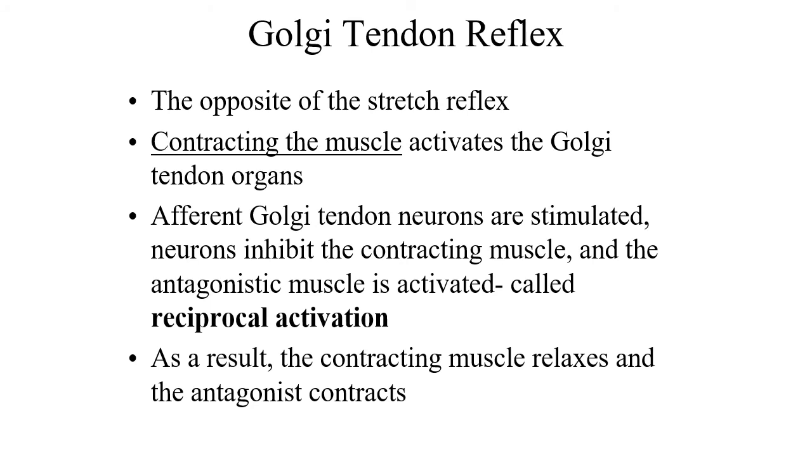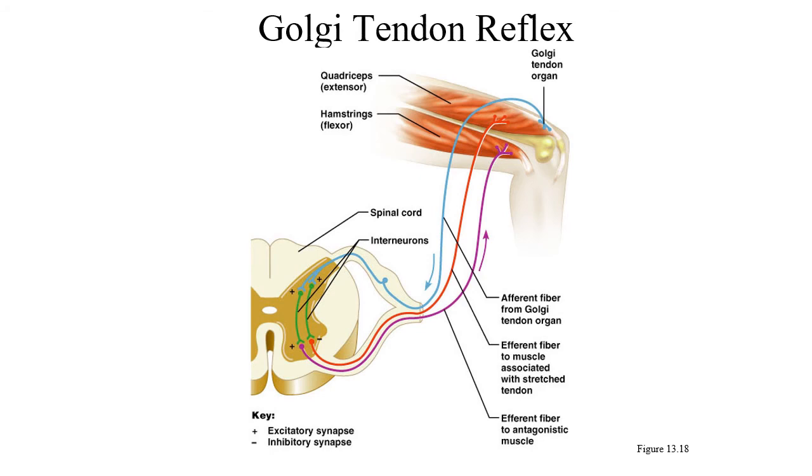So this Golgi tendon reflex itself is in the muscles monitoring the amount of tension that's inside those muscles. And so this is going to be as the muscle is contracting and as we're putting force into the muscles themselves. If we're putting too much tension on those tendons, this is where it's then going to inhibit the muscle from contracting.